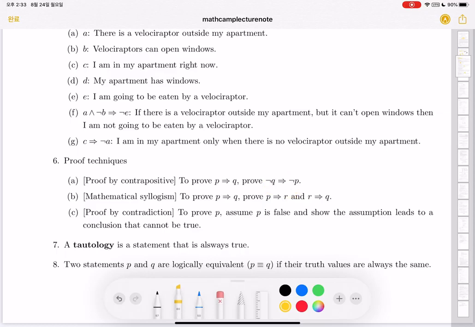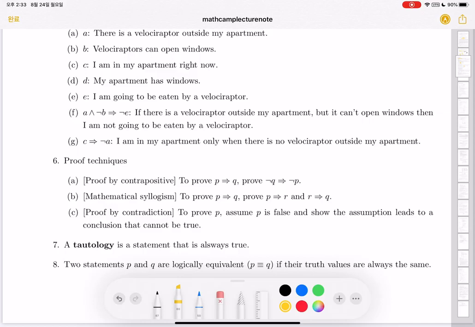And mathematical syllogism is, to prove P implies Q, you have to prove P implies R, and then R implies Q. This way of proving is called mathematical syllogism.